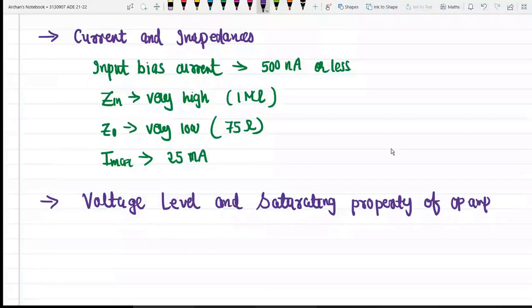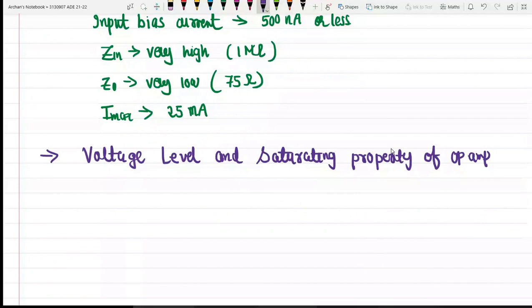Whenever the output voltage reaches the supply voltage, after that, irrespective of the input signal, the output voltage will fluctuate between the saturation limits of the op-amp. So what are the supply voltages of the op-amp? Supply voltages, we know, are plus VCC and minus VEE.